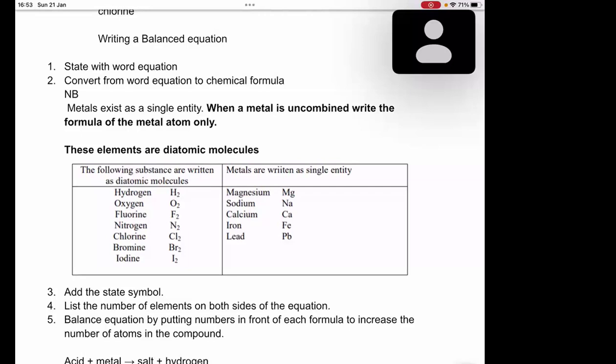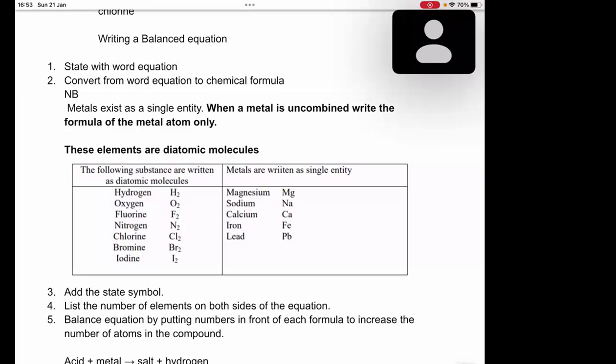In addition to part 2, what we need to understand is that, although the magnesium ion is Mg2+, the calcium ion is Ca2+, the iron is Fe2+ or Fe3+, and zinc is Zn2+, when we write, let's read, metal exists as a single entity. When a metal is uncombined, meaning there's nothing at all beside the metal, I'm saying zinc reacts with hydrochloric acid, zinc reacts with oxygen.